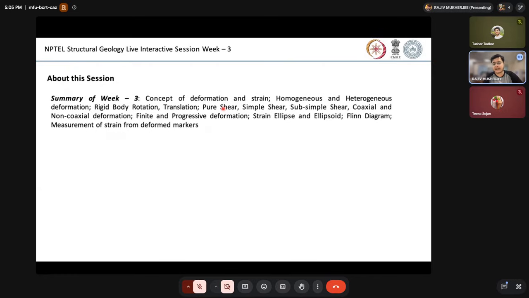Then there is the concept of strain ellipse in 2D and the strain ellipsoid in 3D, followed by the theory and application of the Flinn diagram, how we use the Flinn diagram to analyze the strain for a region that is deformed in a complex strain history, and followed by measurement of strains from deformed markers.